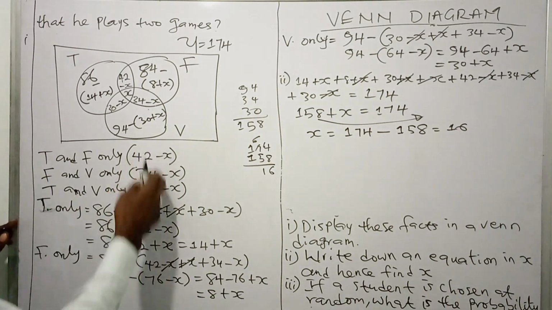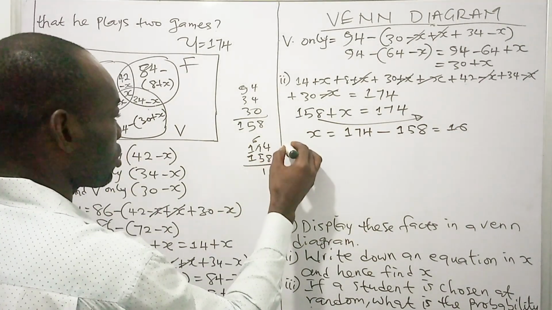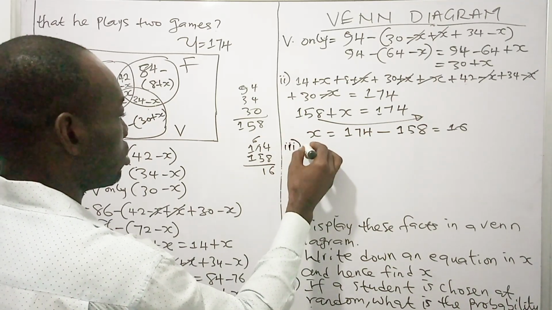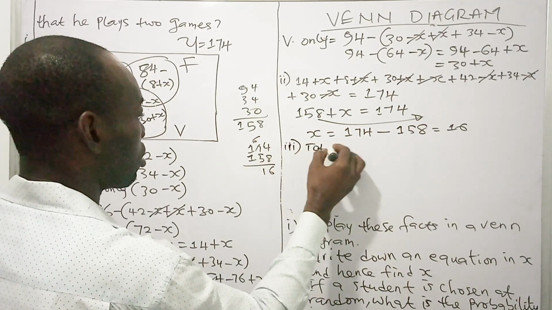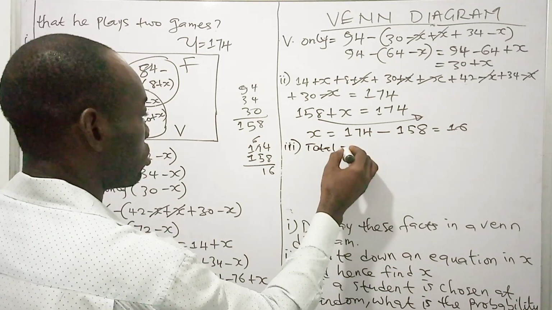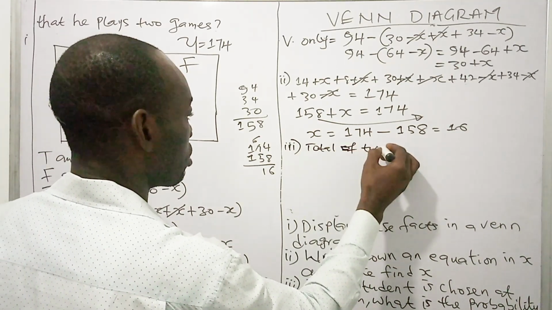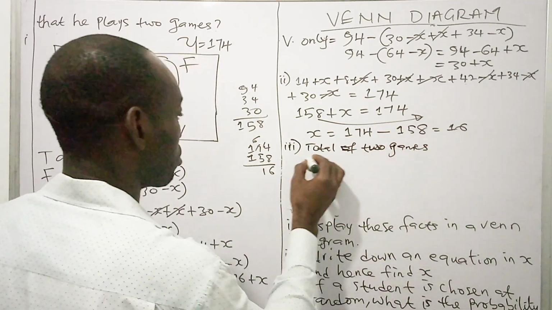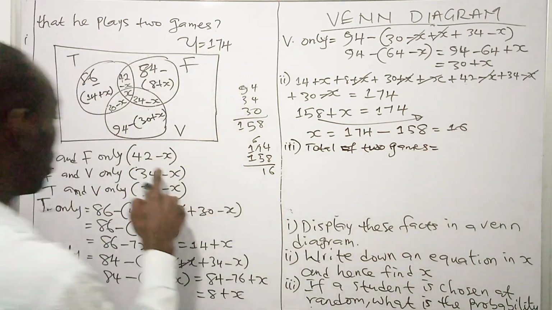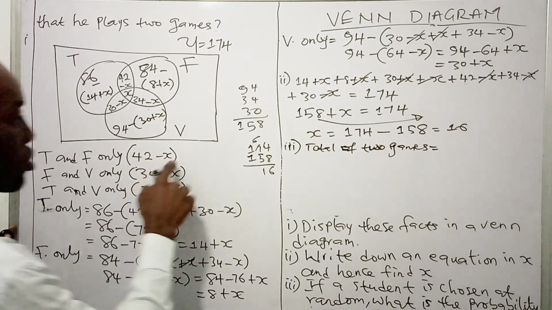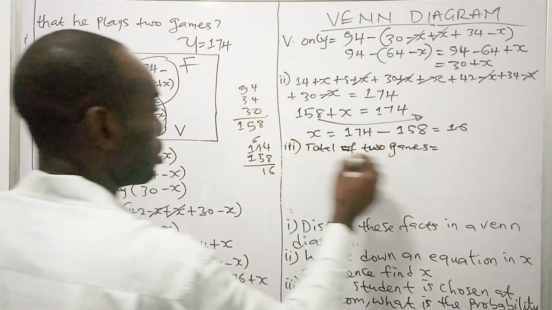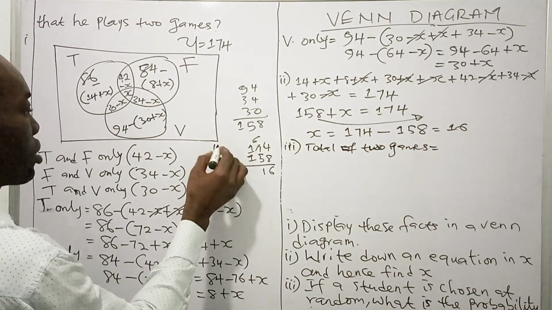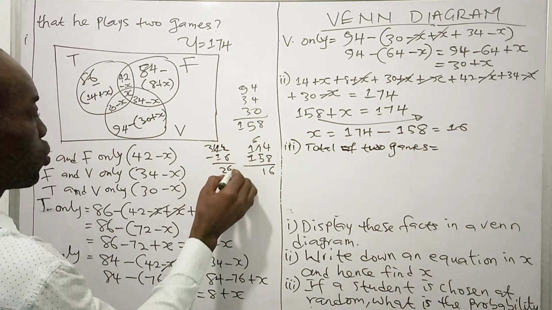So to get the total number of those who play 2 games, we have 42 minus 16, that should give us 26.